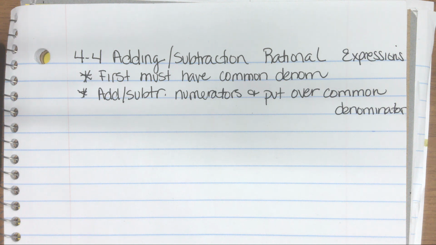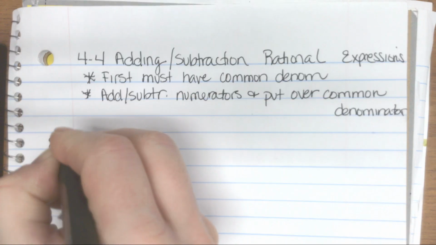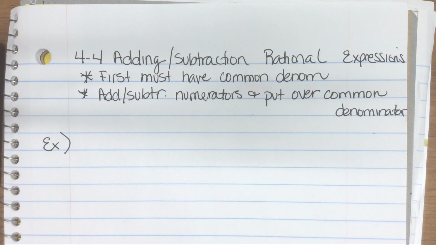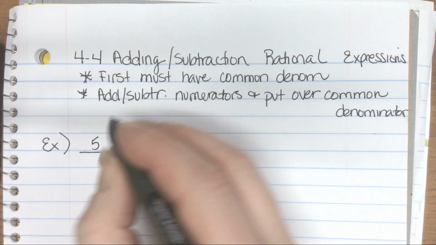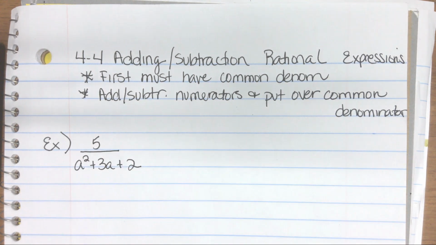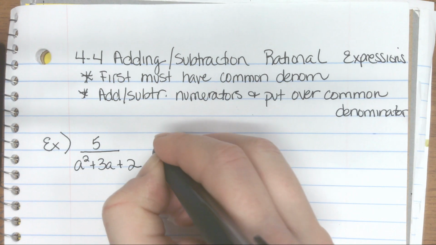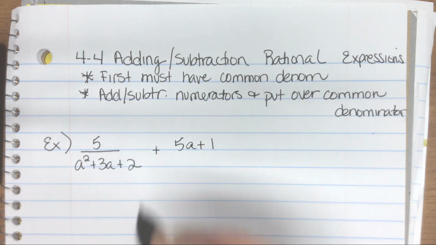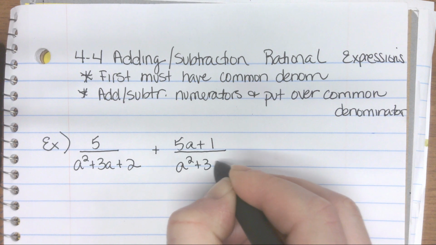So, for my first example, I have 5 over a squared plus 3a plus 2 plus 5a plus 1 over a squared plus 3a plus 2.